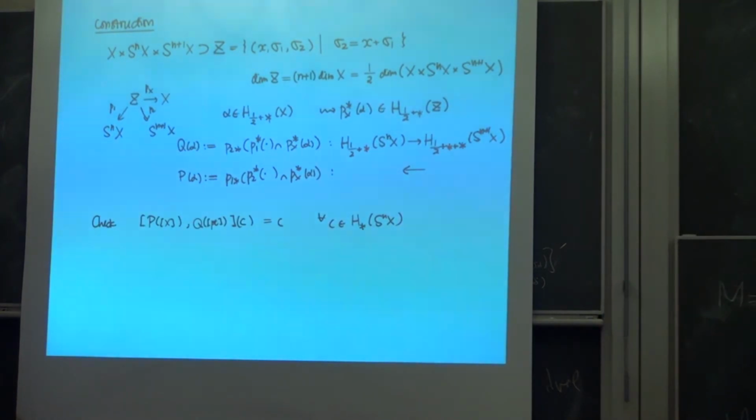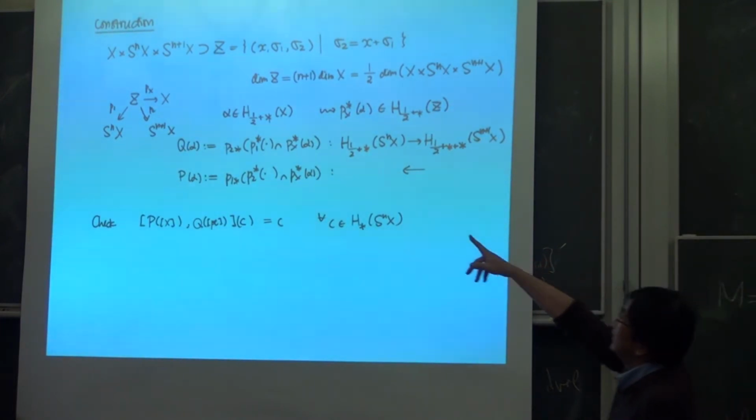So anyway, I consider the triple product of X, SnX and Sn plus 1 X. Then in here there is a very canonical subspace. Of course, this is not a manifold, so you cannot say that this is a submanifold in the strict sense, but in the homology group, you can consider it to be a submanifold.